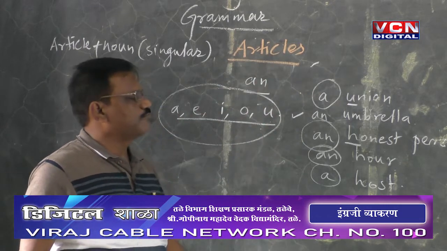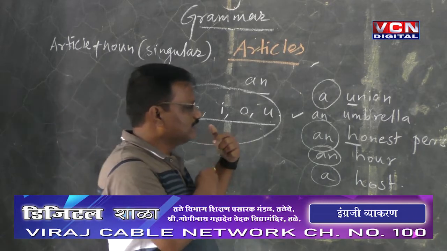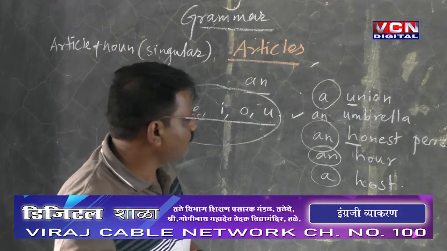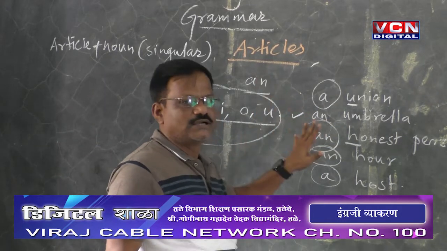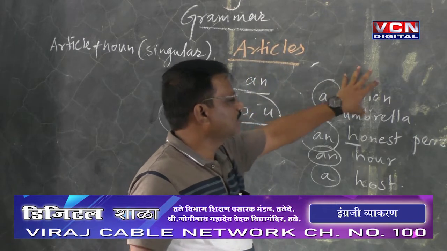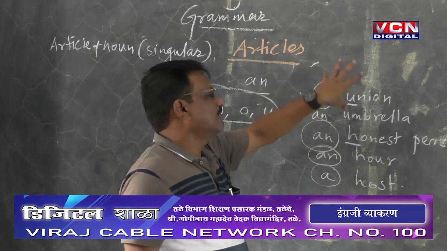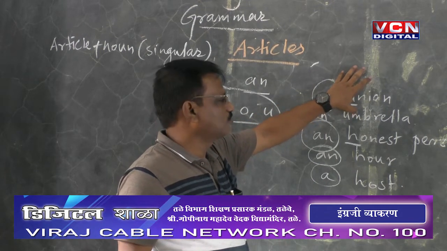To make these confusions clear, we will have to learn the same thing from a different angle. Let us see how. Before you use any article before any word, you must pronounce that word, and then you will have to decide whether it takes a particular vowel sound or not, and what those vowels are.